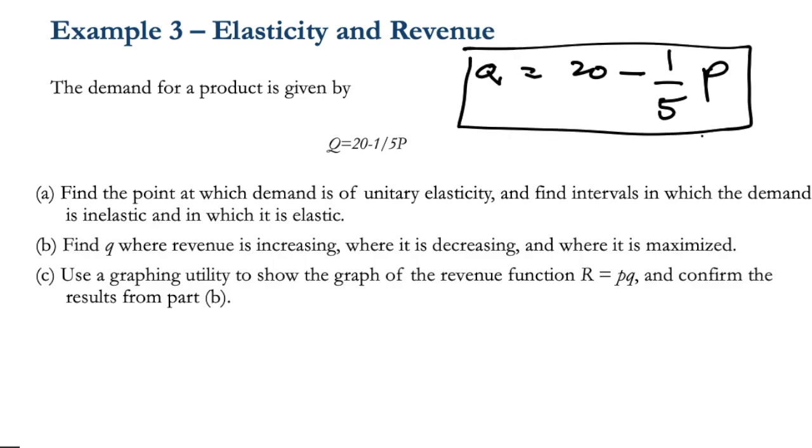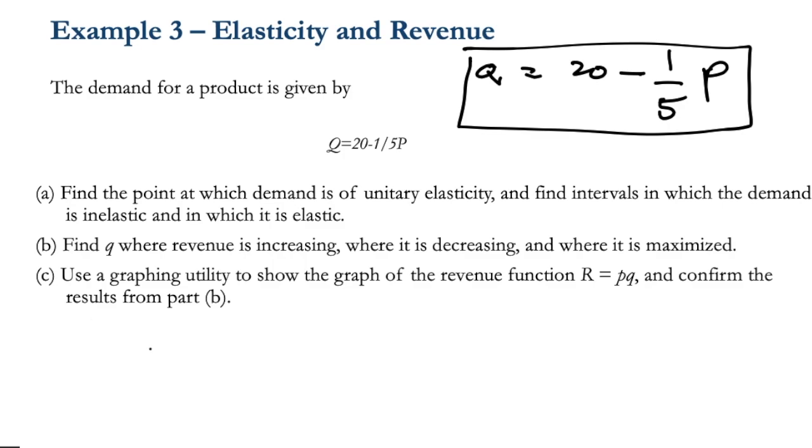Find the point at which demand is unit elastic, and find the interval in which the demand is inelastic and in which it is elastic. Actually, I'm using the same function as before, but let's assume we never saw this function before. So how do we solve this kind of question?